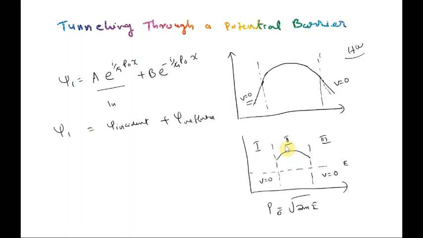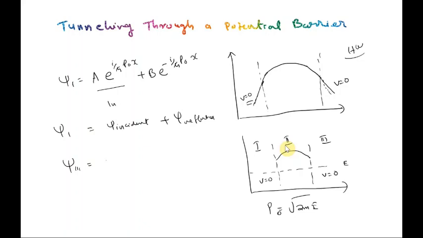That is my psi 1. What about psi 3? In the third region, there is not going to be any reflected component. Whatever fraction of this wave function is leaked out from here will be going in the forward direction. There is nothing to push it backward. So you'll be having some other constant. A, B I kept here, C, D I'm keeping for psi 2.